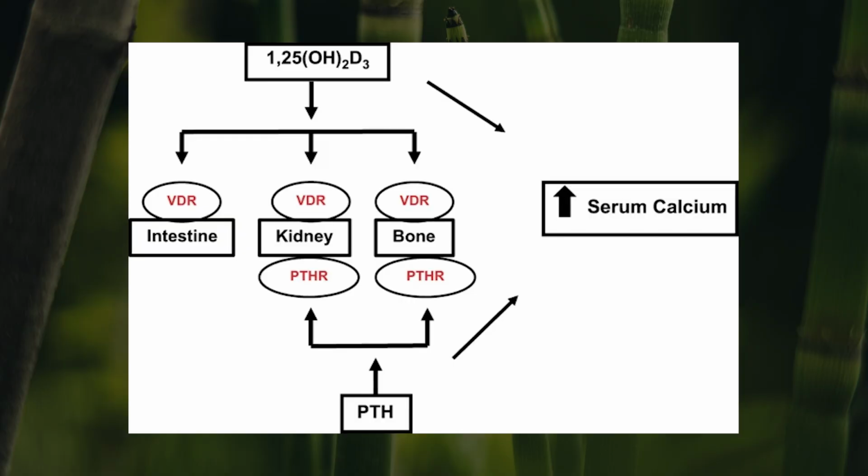It also helps to dampen indirectly parathyroid hormone, which is involved in basically pulling calcium out of the bones if you're not getting enough or not absorbing enough. So they are sort of oppositional to one another.